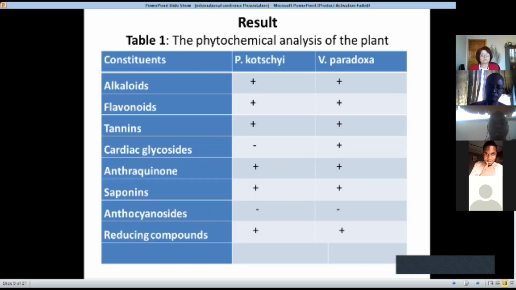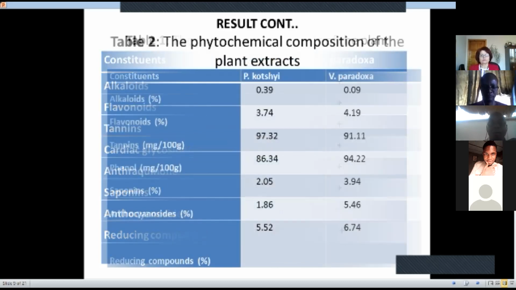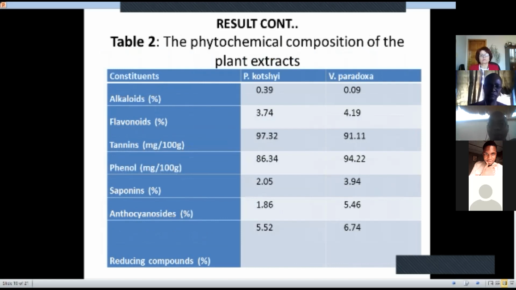The result: the phytochemical analysis of the plant revealed that P. kotschyi contains alkaloid, flavonoid, tannin, anthraquinone, as well as reducing compounds, while the other plant extract, V. paradoxa, contains alkaloid, flavonoid, tannin, cardiac glycoside, as well as saponin and reducing sugar.